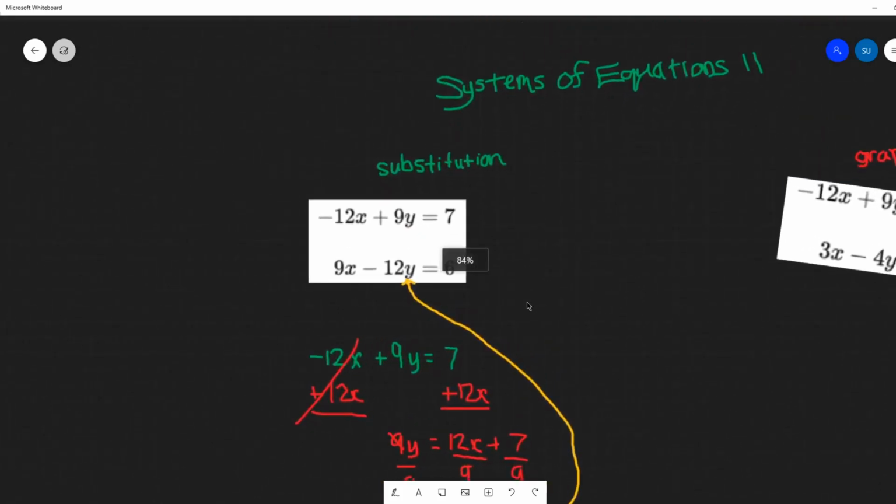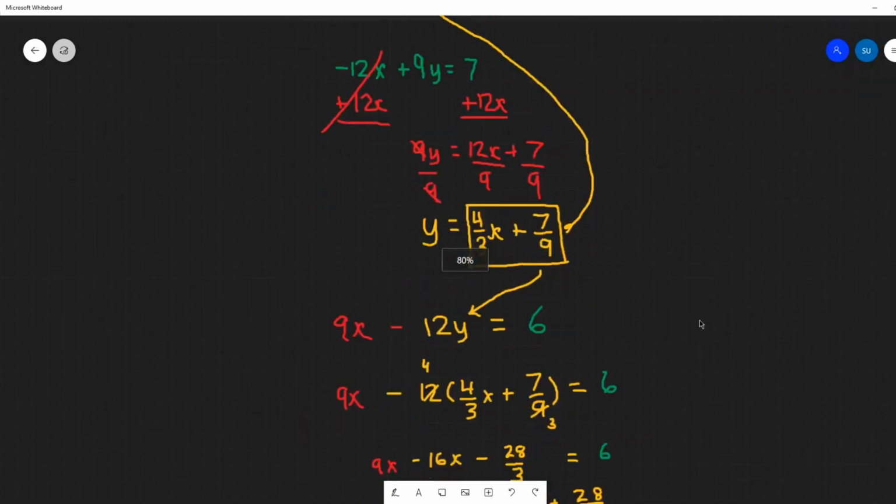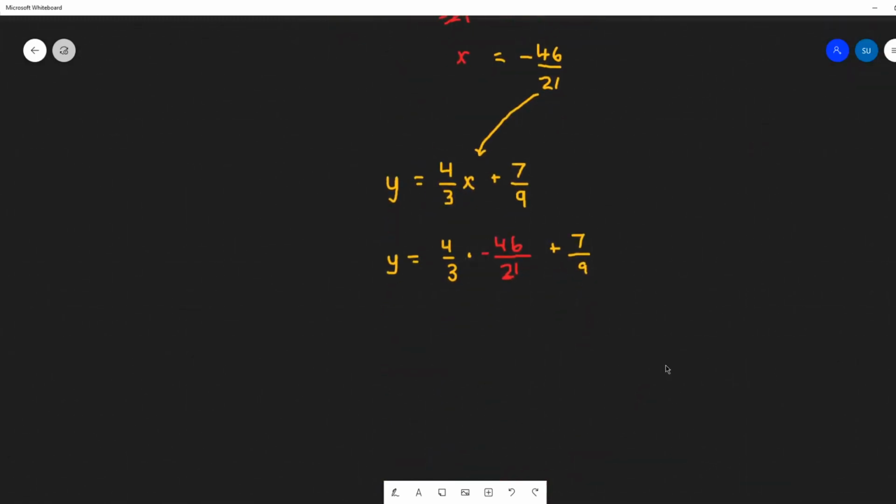So when you see that every term in the equation has a greatest common factor, you can divide by that greatest common factor. All of the terms you can divide by the greatest common factor, and then you get a simpler equation with smaller numbers. So really, we could have divided everything here by 3, and we would have gotten 3x minus 4y equals 2. So giving us a smaller equation.